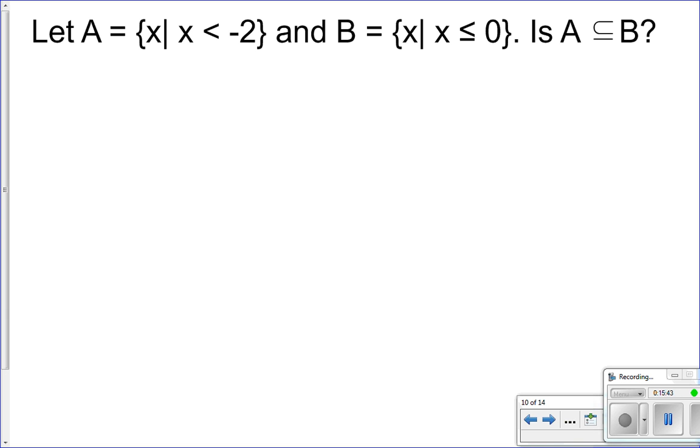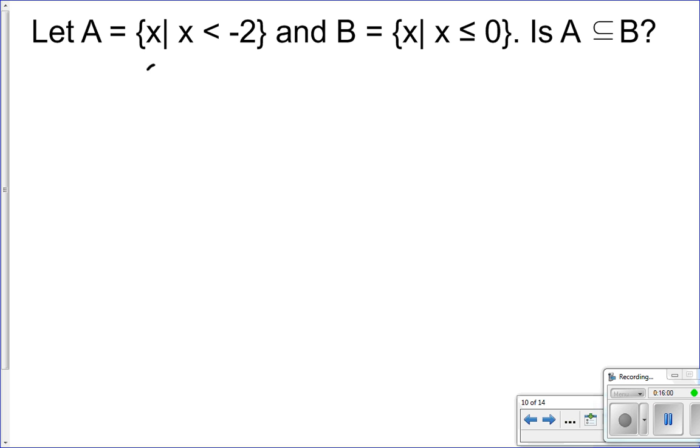Is A a subset of B? So what we have to do is think. A is the set of all real numbers that are less than negative 2, and B is the set of all real numbers that are less than or equal to 0.